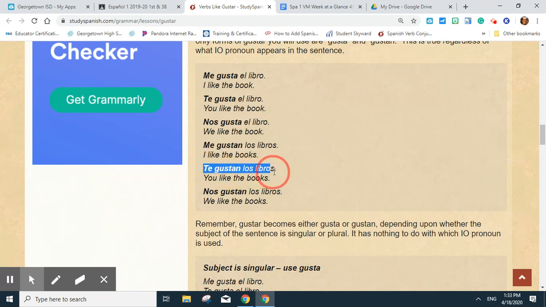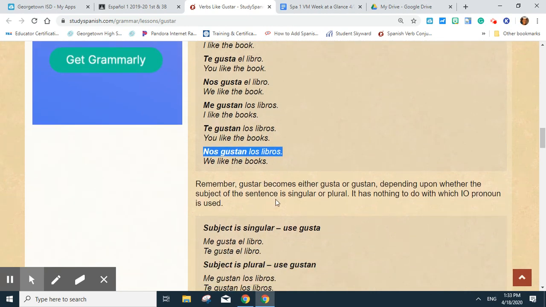Te gustan los libros. We like the books. Nos gustan los libros. So remember, gustar becomes either gusta or gustan, depending upon whether the subject of the sentence is singular or plural. It has nothing to do with which indirect pronoun is used.